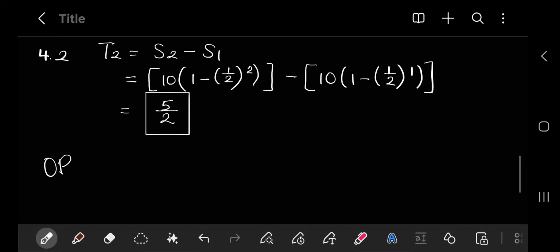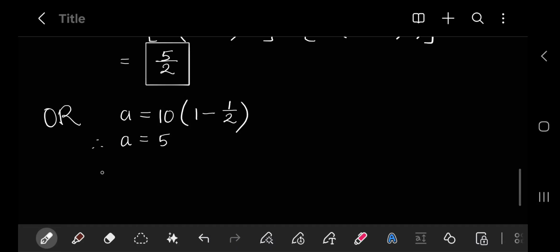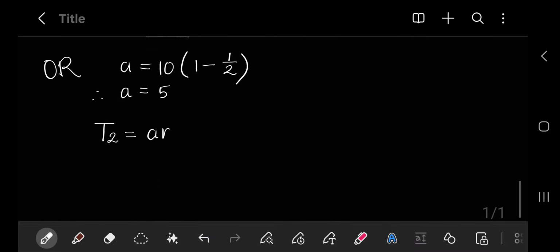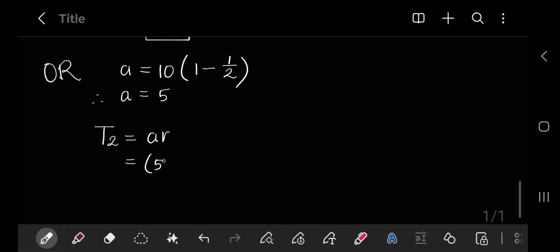I'm just going to say "or" to show that it's a different method. So A was 10 into 1 minus R, and R is a half. That is going to be 1 minus a half is a half, 10 times a half is 5. So here we see that A is 5. And you know that term 2 is equal to AR. So from here we would have 5 multiplied by a half, and that is equal to 5 over 2.